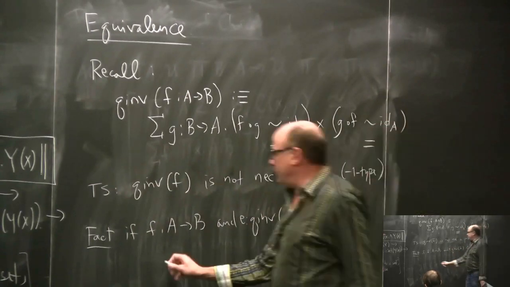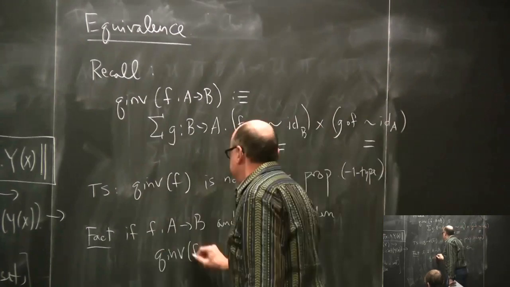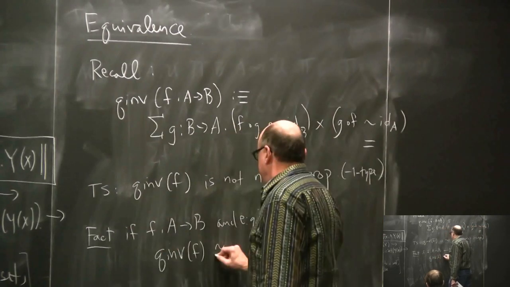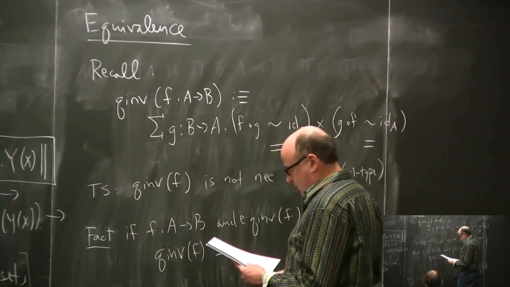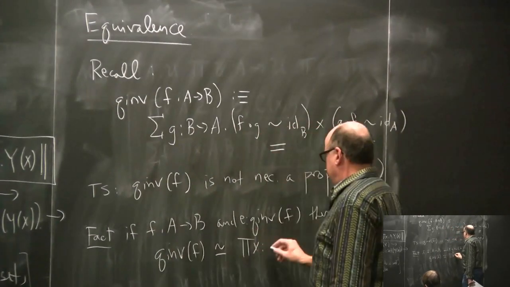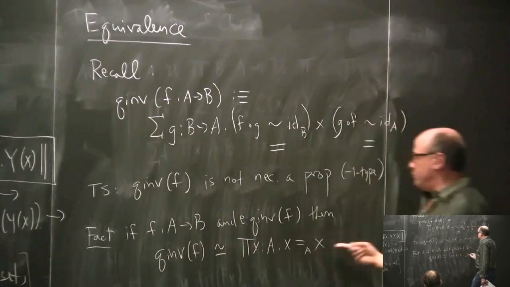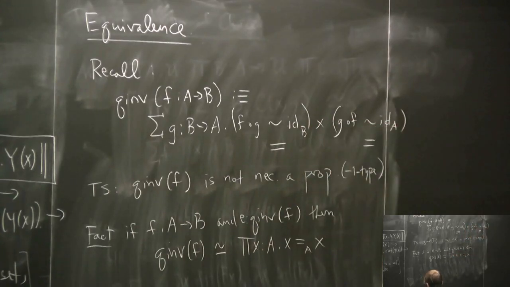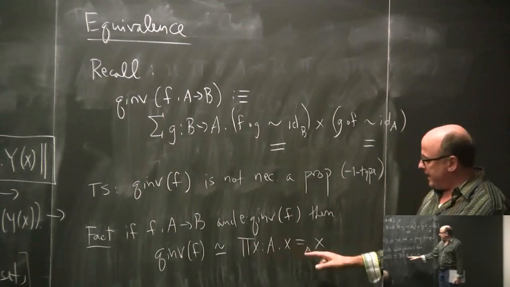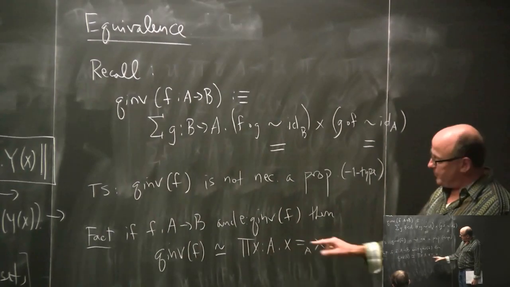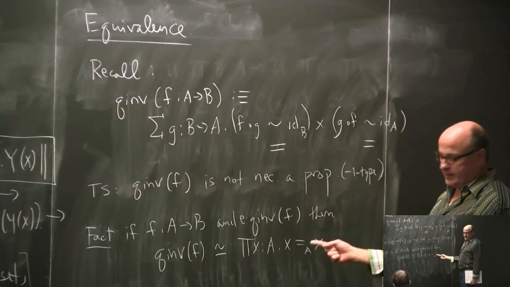Then in that situation, we can say that being a quasi-inverse is equivalent to the product of the loops in A. Because this says for any x in A, let's look at the type of the paths that go from x back to itself.